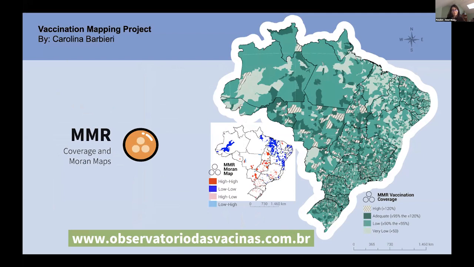And it's a very helpful resource for researchers working on child health in general to understand the impact of vaccines on other related health problems, and also to inform regional authorities on their vaccination strategy.